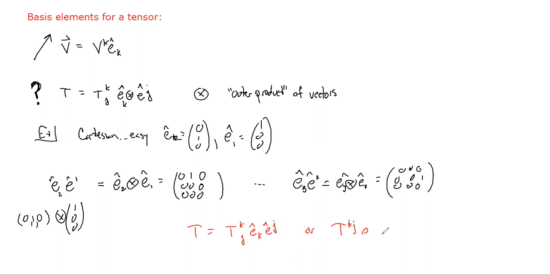So there are 9 numbers, and then there's a basis for them. And then in Einstein summation, the sum over the k and the j are implied. Okay, well, so what? This now lets us transform tensors properly.